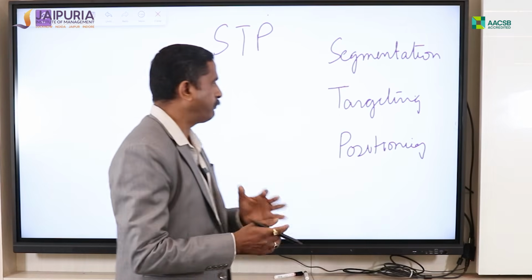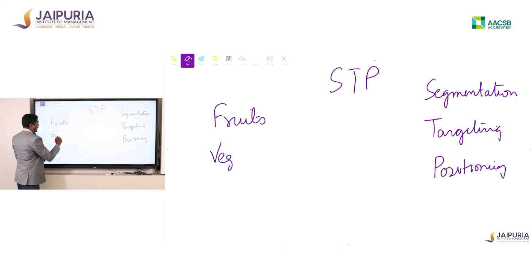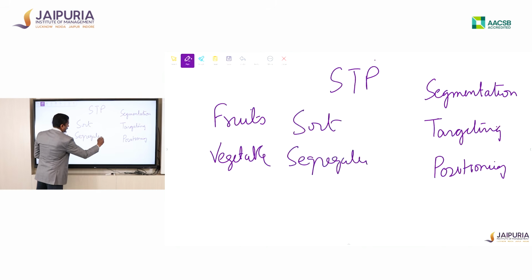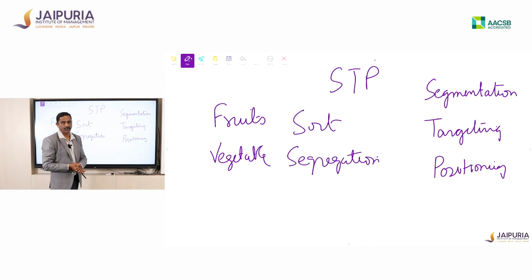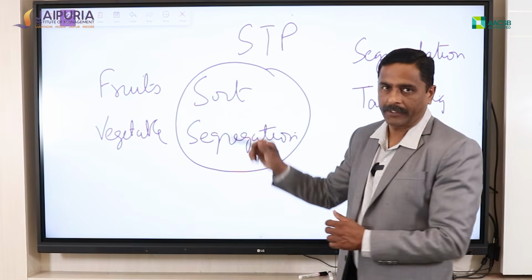What I am trying to put forward is that when it comes to fruits and vegetables, you do some sorting, you do some segregation, and then you finally decide how you are going to store them. Why is this sorting and segregation important?